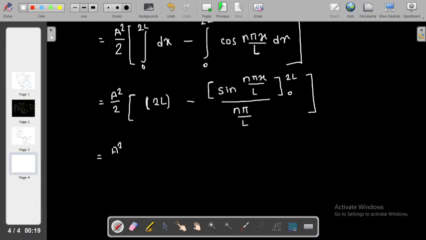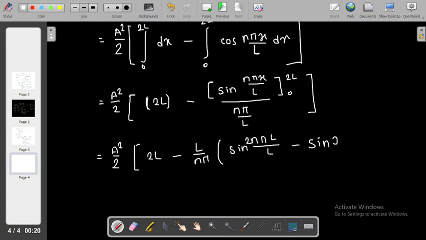It is A square by 2 times 2L minus L by n pi, and now if we input the limit here, it will be sin(n pi into 2L by L) minus sin 0.